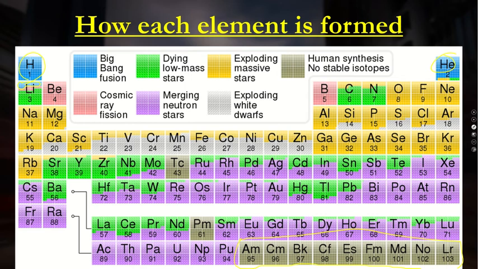They combine to make the first few elements of the periodic table. You can also see beryllium is made from cosmic ray fission, so separating of the atom. You have boron, and then when a low mass star begins to die out, you can see there's a bit of formation of carbon, nitrogen, and so on.